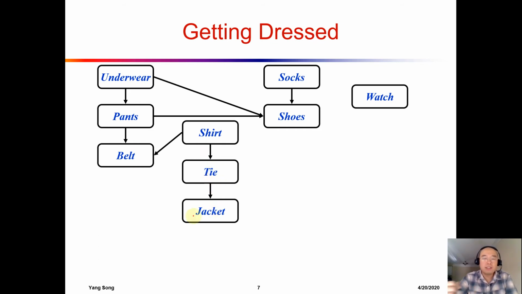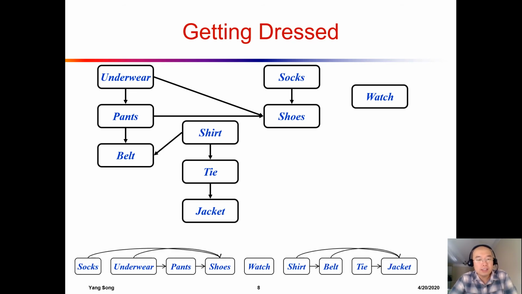So this is the common way, and our task is: how do we come up with a sequence in which we can properly get dressed, following all the requirements on which step I should do before the next step? I can give you one example, and this may not be the only one, but it meets all the requirements.